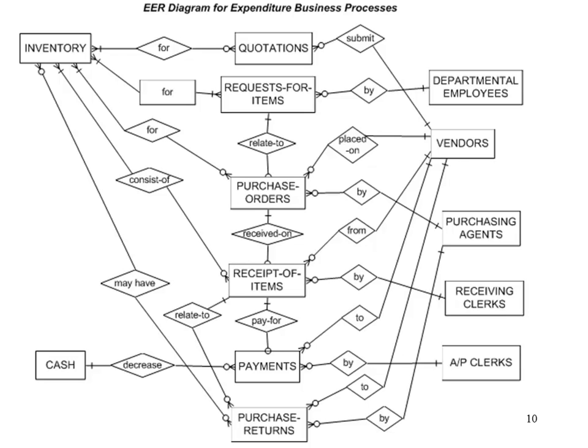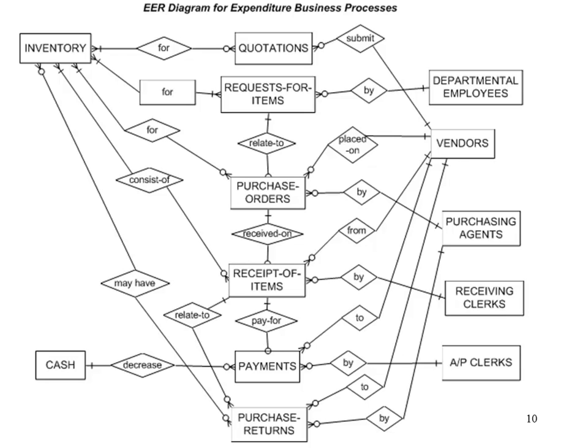Yes. So look, you have purchase returns. For each purchase return, there is exactly one receipt of items. For each receipt of items, there is exactly one purchase return. For each purchase return, there is exactly one purchasing agent.